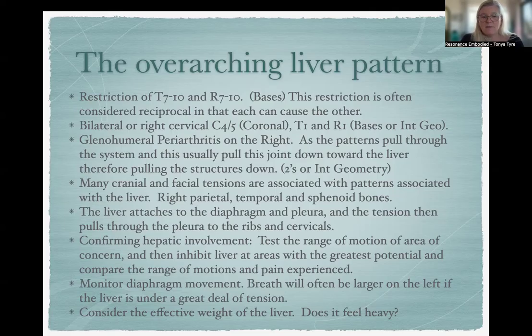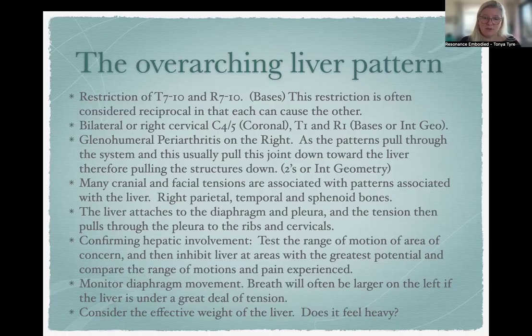And really, when we want to know if the liver is involved with that shoulder, we can actually correct the tension in the shoulder with a bit of pressure. If the liver is rolling forward and there's a lot of tension with the liver going anterior, we can come in, put a little bit of pressure and push it just a little bit posterior.